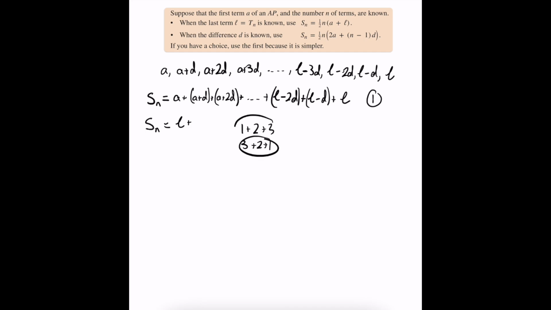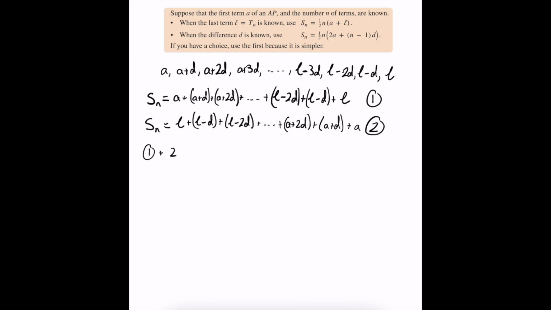We can flip it around, but they're both still going to equal the same thing. So when we write it the other way around, we have L plus (L minus D) plus (L minus 2D) plus all the way up to (A plus 2D) plus (A plus D) plus A. Now let's call this equation 2.